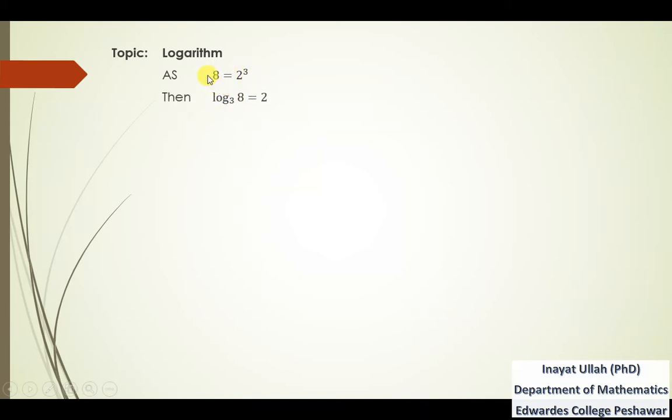We have written log with 8, made this base the base of log, and left this power 3 on the right side. It means that the logarithm of 8 to base 2 is 3. Whenever log of 8 to the base 2 is 3, it means that 2 cube is equal to 8.